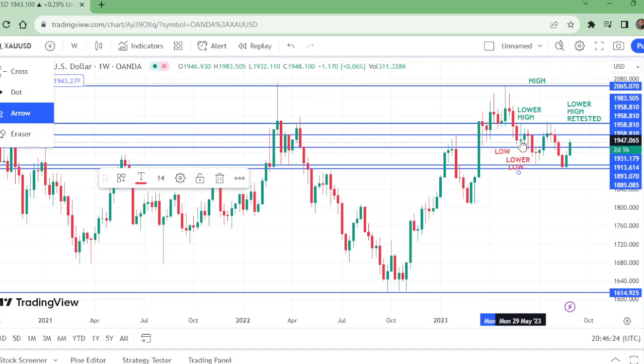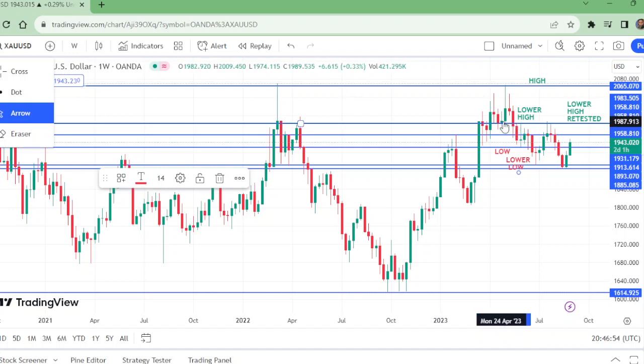From this low, the market went up for this lower high at this level. After this lower high, the market came down for a lower low. This was the low, and the market came down to this level for a lower low. After this lower low, the market went back up and retested the lower high.